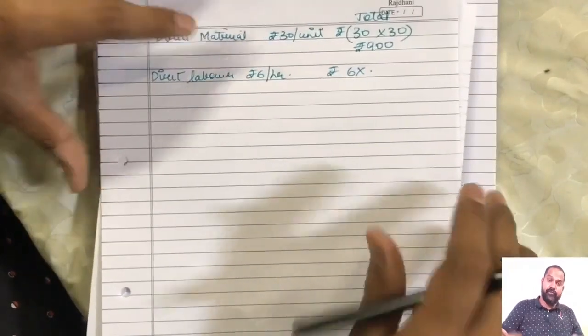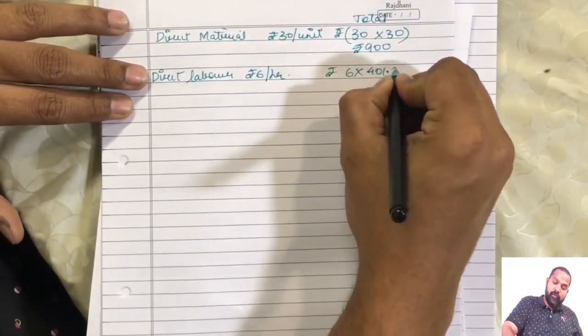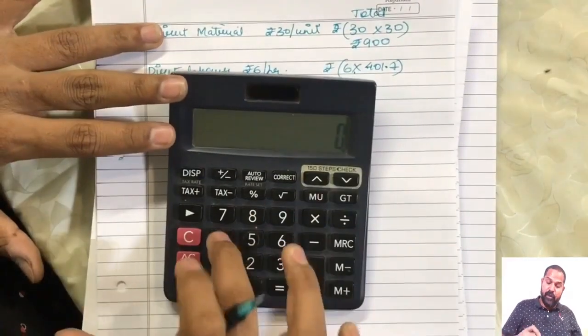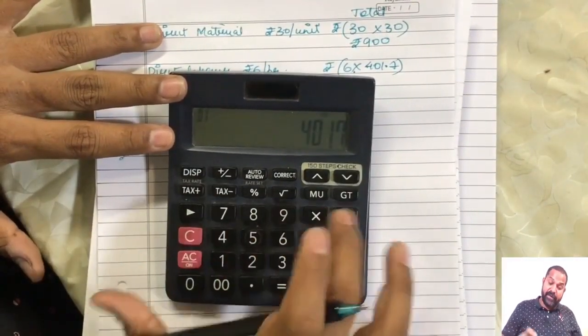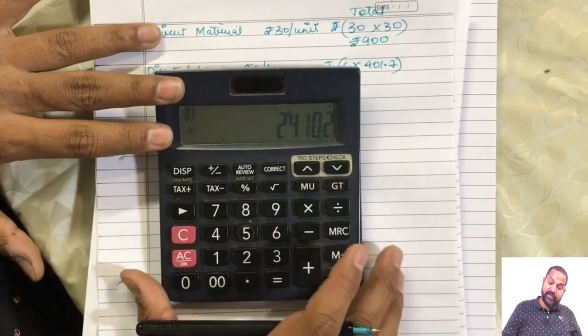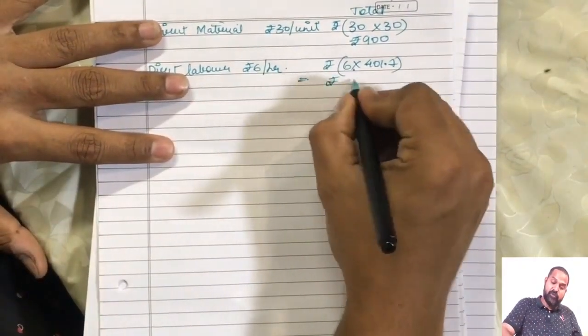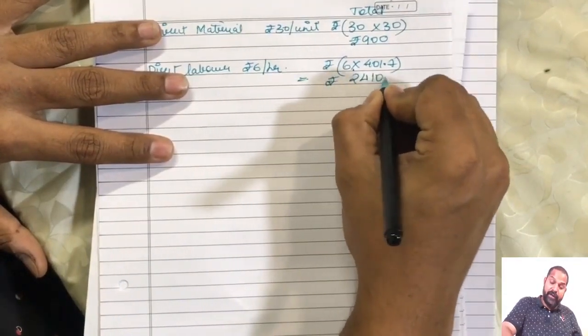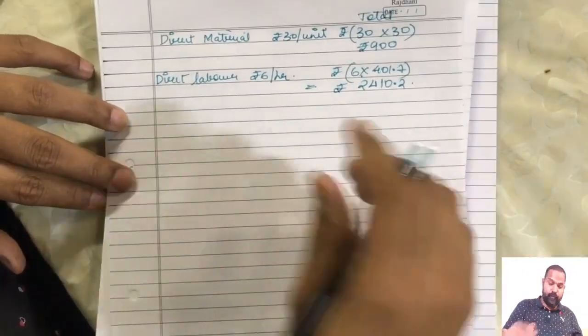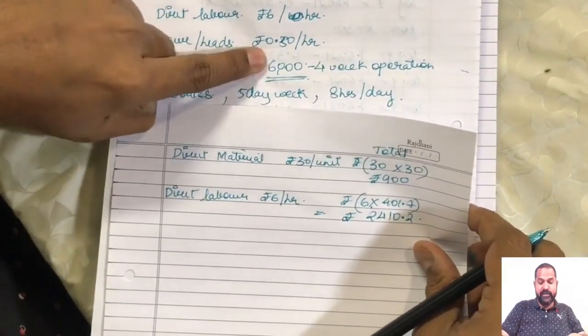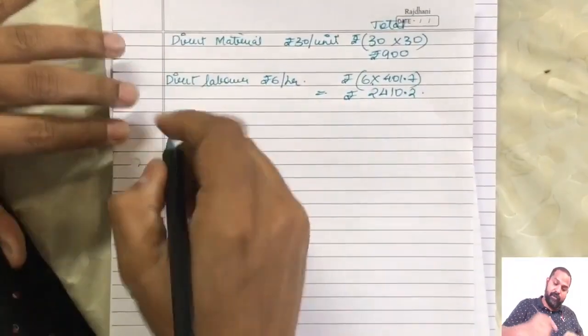So 401.7 into 6 rupees is 2410.2. So this comes to 2410.2 rupees.